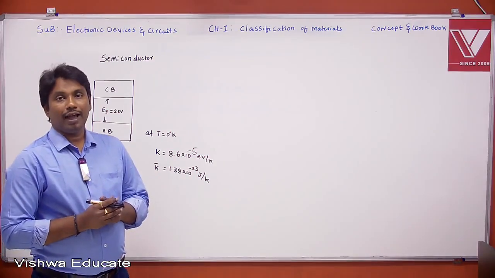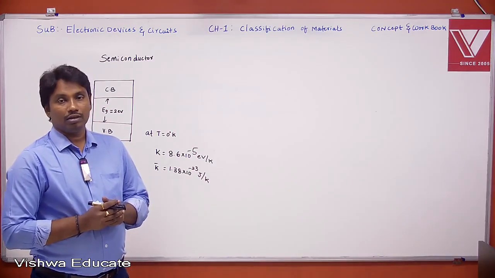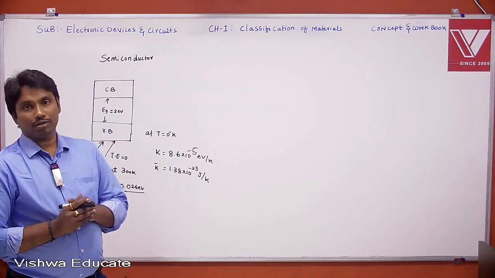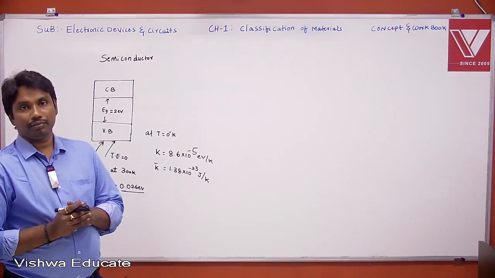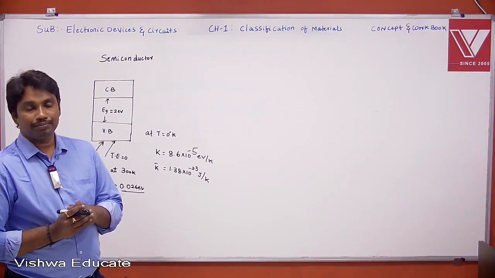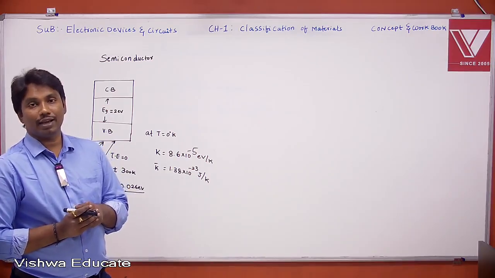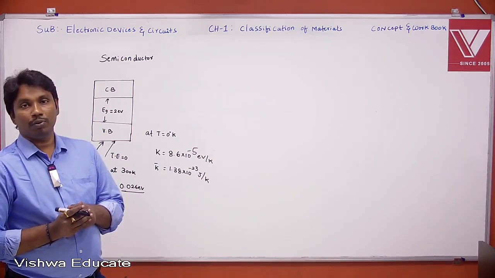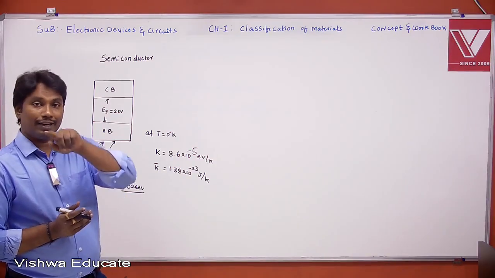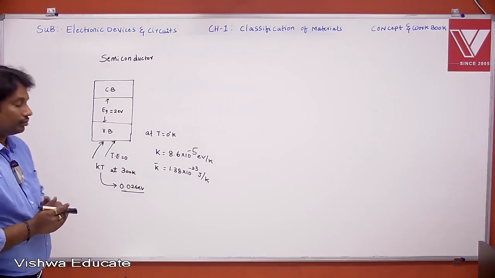Next point. The average thermal energy supplied to the valence electrons at room temperature is given by 0.026 electron volt. Underline 0.026 electron volt.